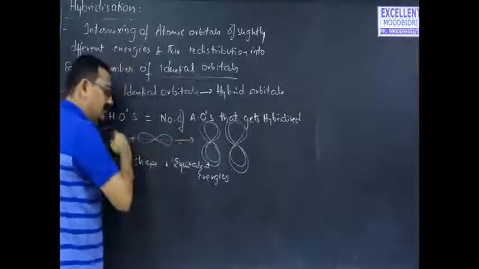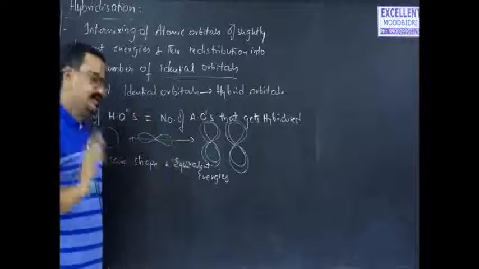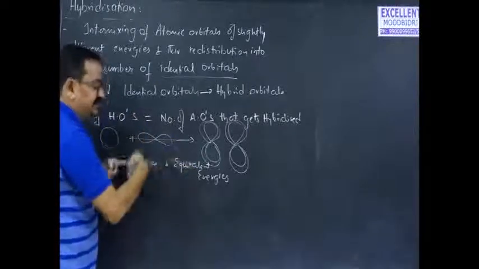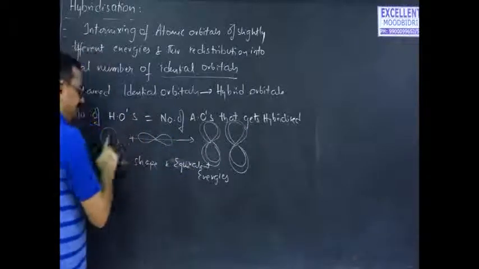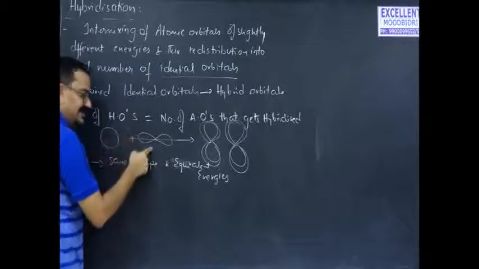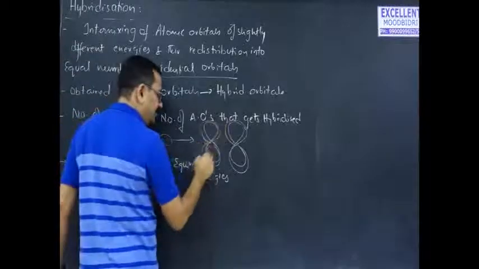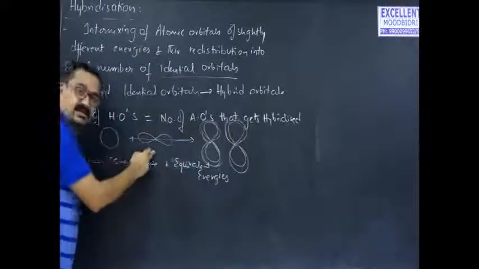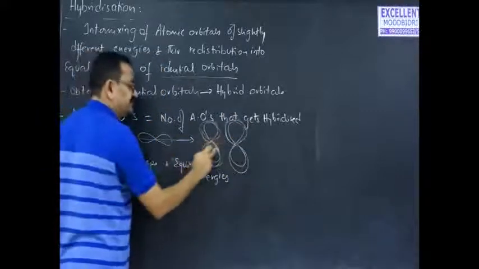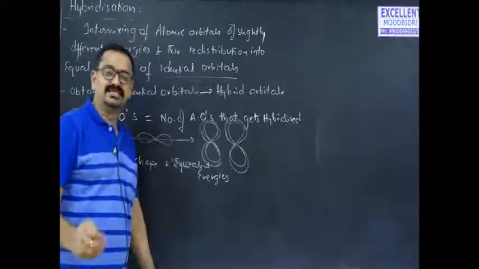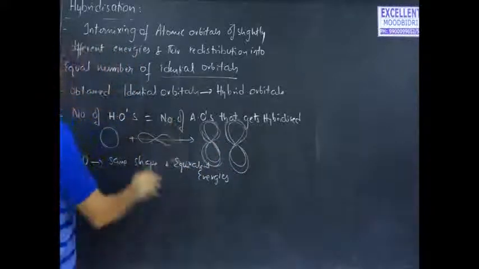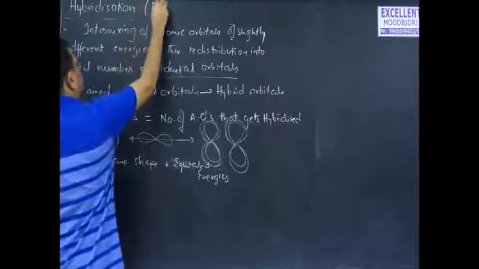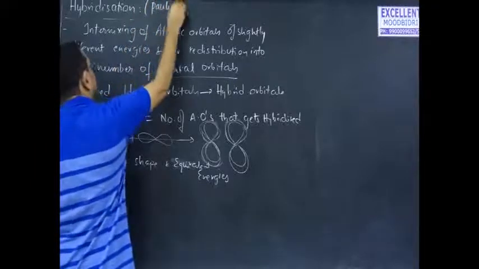It can orient either along x or y or z. But after getting hybridized, the orbitals of different shapes get intermixed, yet the obtained hybrid orbitals are of the same shape. Even though the energies of s and p are slightly different, the energies of these two hybrid orbitals are the same. This is what was given by Pauling. Who introduced this concept? Pauling.